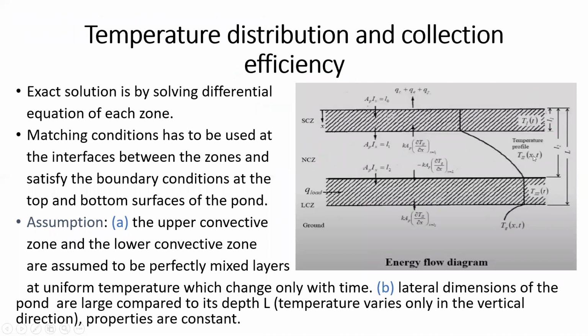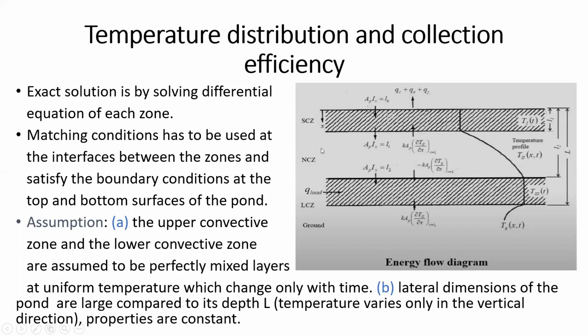T2 is the temperature of the non-convective zone. It is a function of x and t, because the temperature increases as we go downwards in the non-convective zone.